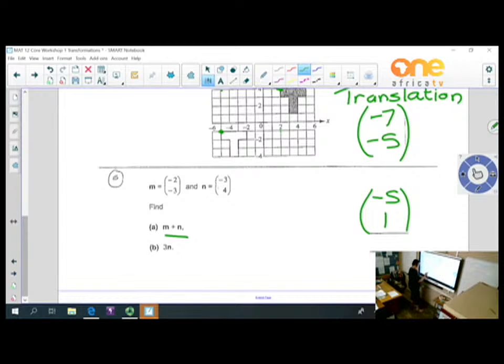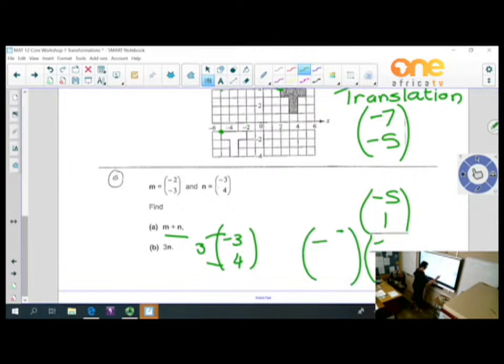The second one, 3n, so it means I'm going to multiply each one in the bracket. Remember, never ever put a line there like a fraction. It's not a fraction. So let's rewrite it here. -9, 12. That is then the column vector for that one.